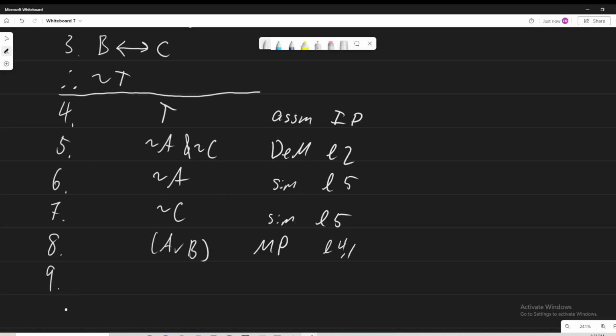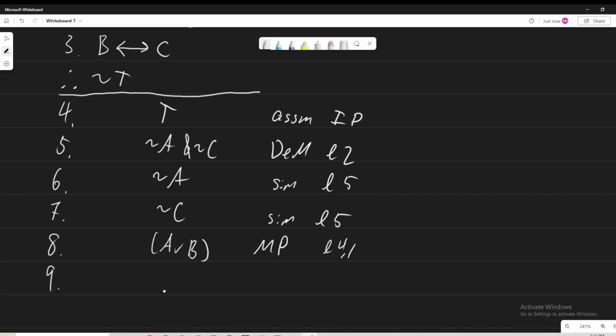So now all we have left is this biconditional on line 3, B if and only if C, at least as far as our complex propositions are concerned. Well, that is except for the A or B we just got on line 8. So we can break down that one very quickly. We have A or B, and if you want to break down a disjunction, you need to use disjunctive syllogism.